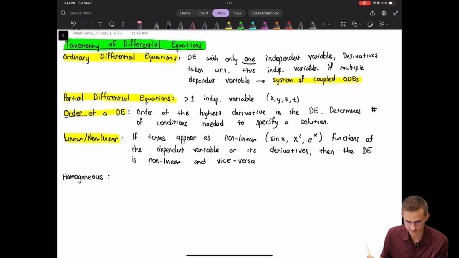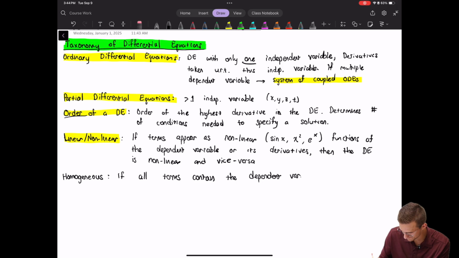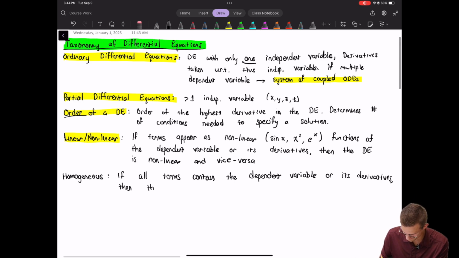This is if all terms contain the dependent variable or its derivatives, then the differential equation is homogeneous.